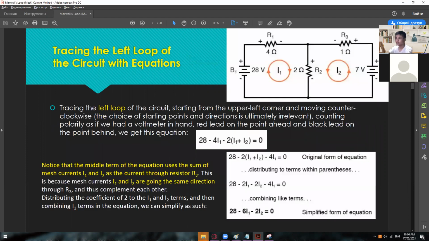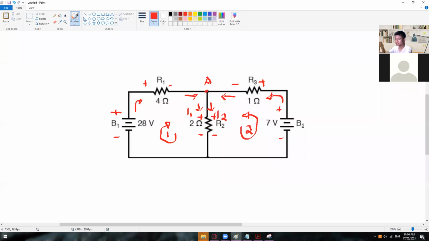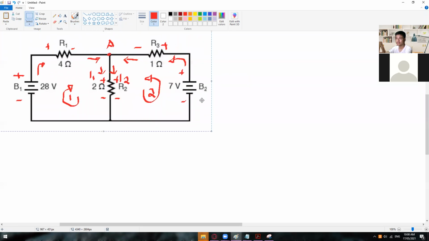So let's just come up with our own equation because there's a lot of explanation which I will skip so that we can save more time. For the loop 1 KVL, again we don't perform KCL in mesh analysis, so we go straight with KVL at loop 1.